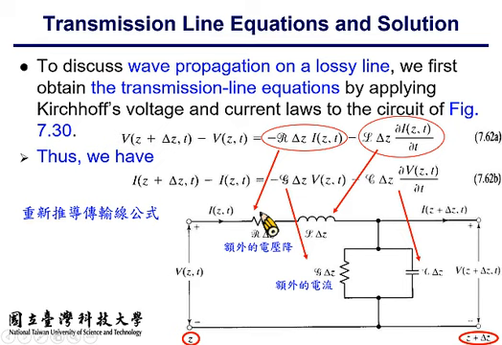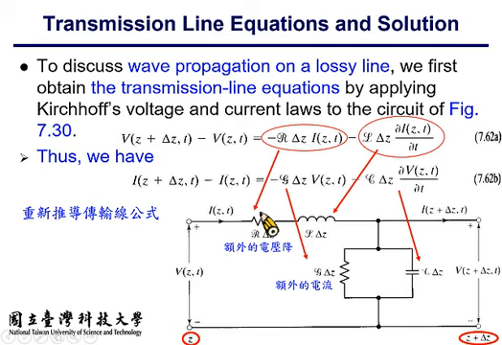The second transmission line equation addresses the current difference to the left and to the right of this transmission line section. So the difference, that is I at Z plus delta Z minus I at Z, equals to what? The first term will be the current that goes to the right at the right end, and the second term is the current that goes to the right at the left end.